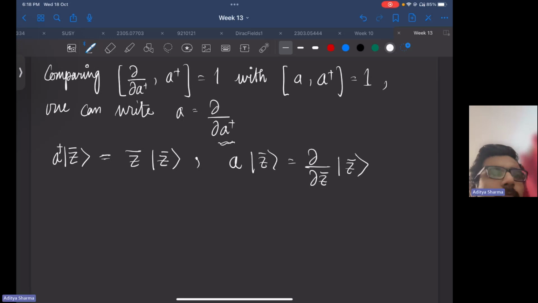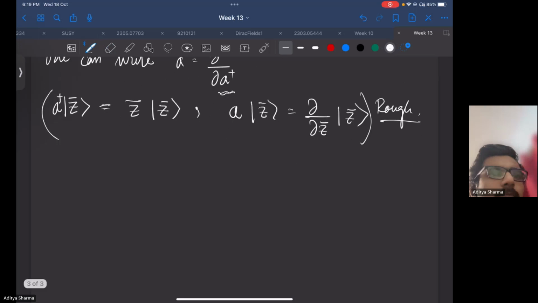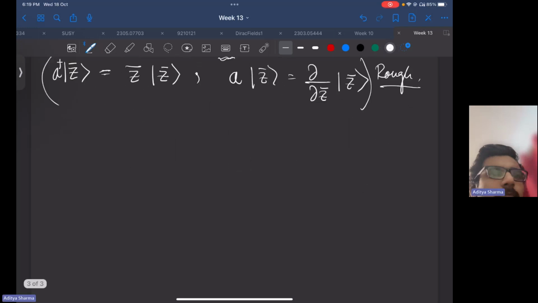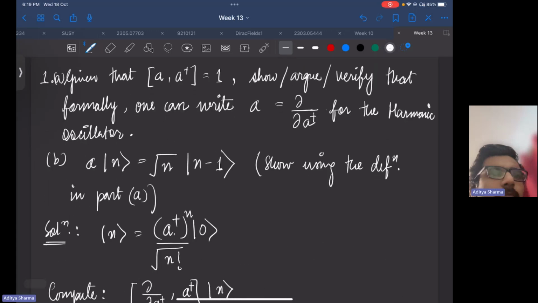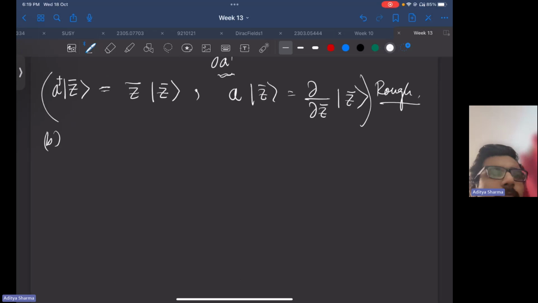Now what we're going to show is the B part. I have to show that A acting on N is equal to square root N times N minus 1.